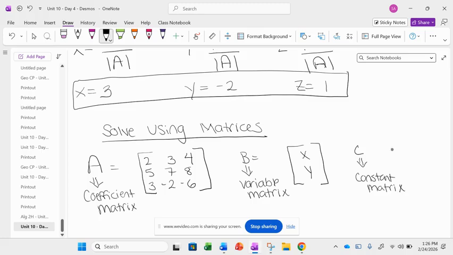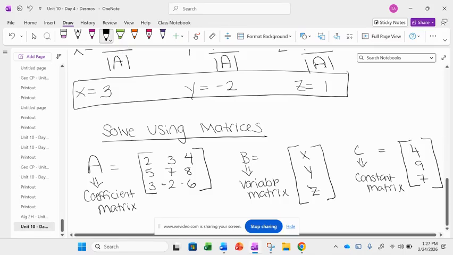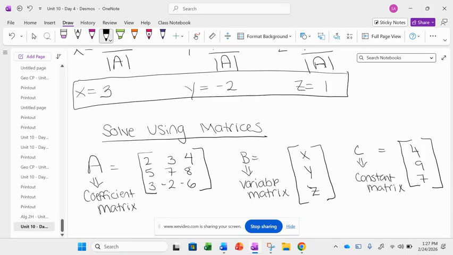X, Y, and Z. And then our constants are 4, 9, 7. So if we're solving using matrices, and it's the Desmos portion, I need you to write all of this out.